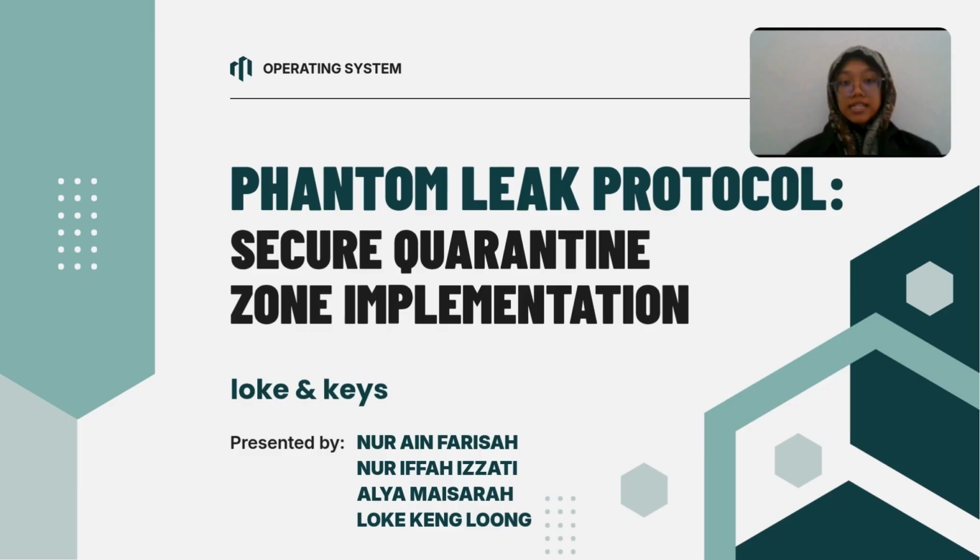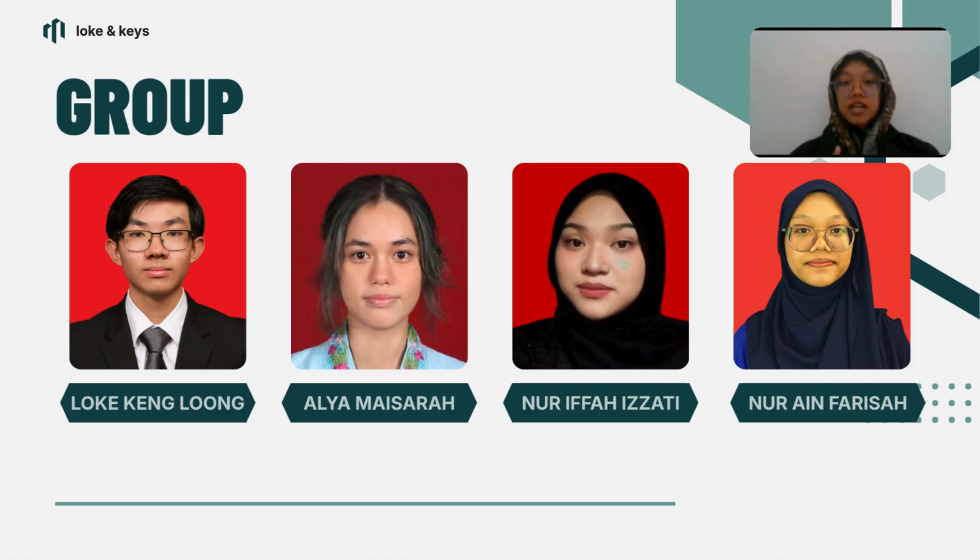We are Loke and Keys, and today we will be presenting our setup for the Phantom Leak protocol Secure Quarantine Zone implementation. Our group consists of 4 members. My name is Farisah and I am responsible for configuring the database server. My teammates, Loke and Loong, will be demonstrating the DHCP server, Izzati for the web server, and Alya Maisarah for the SFTP server.